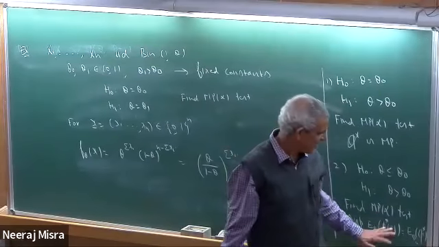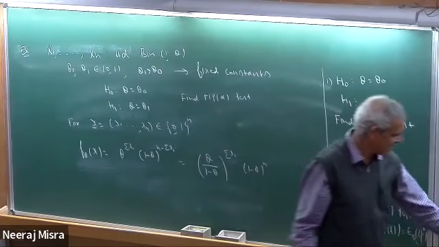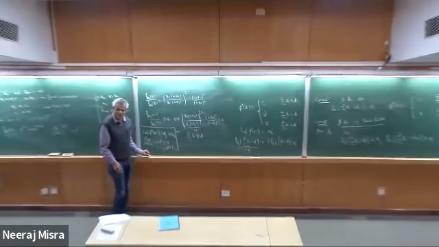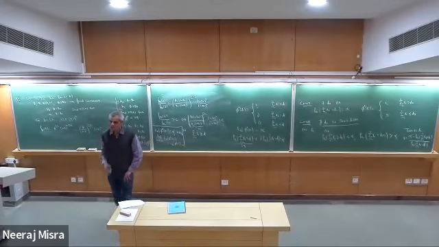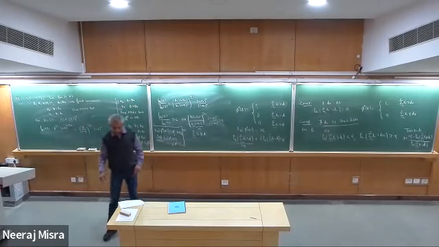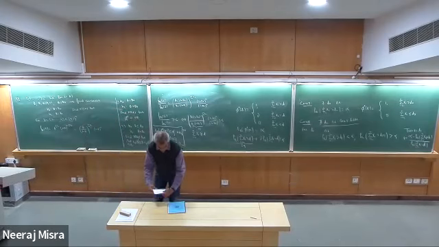So the supremum would be attained when theta is equal to theta naught. So you see, again, the Neyman-Pearson lemma is telling you a lot of things. You can even get the uniformly most powerful test for composite hypotheses by intelligently using the Neyman-Pearson lemma. All right? Okay, so let me stop here.